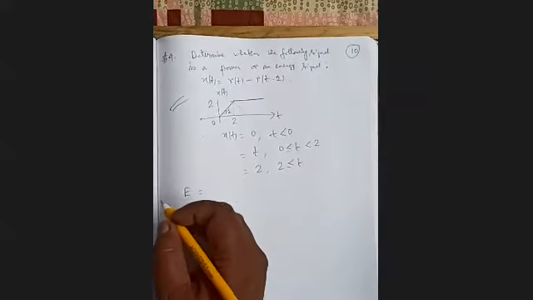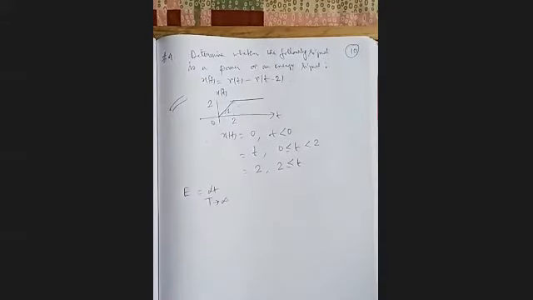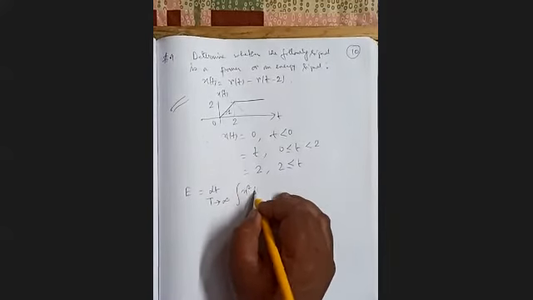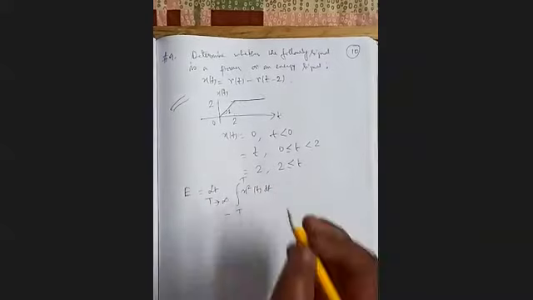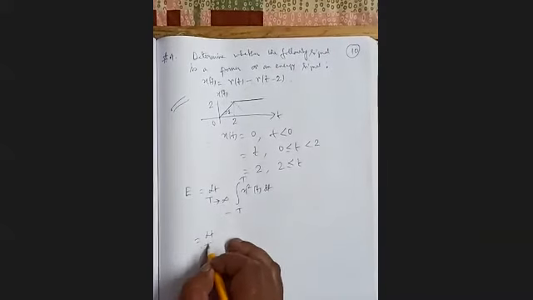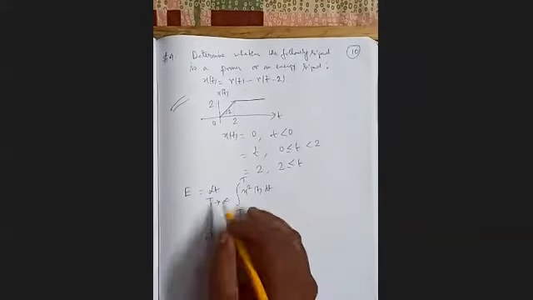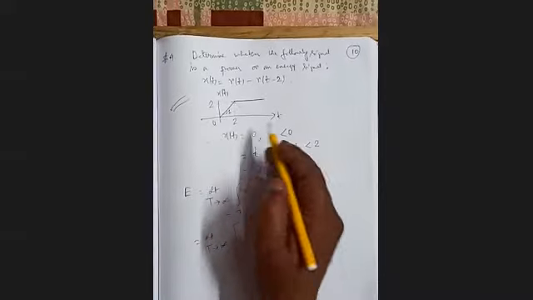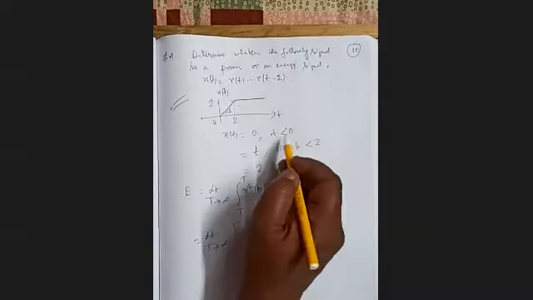So once we know this, we can calculate its energy first. Limit T tends to infinity, integration of x square t dt, from minus capital T to plus capital T. First it will be minus capital T to 0, where x is 0, since t is negative throughout.